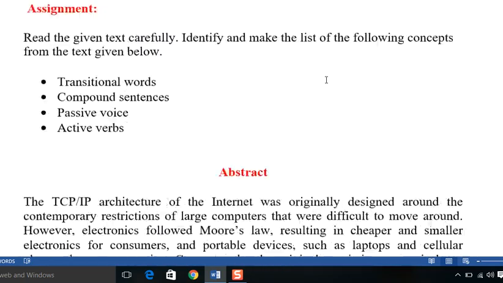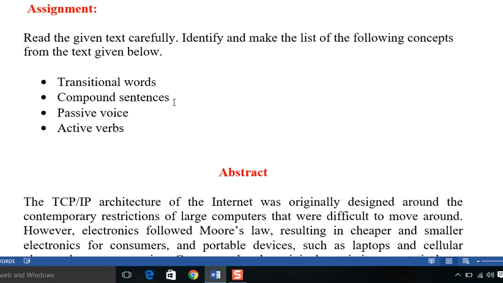And active verbs, also search out the active verbs. What you have to do is make a list of transitional words, writing transitional words at the top. Fine. And then all the transitional words you find should be written in that section. If the transitional words are repeating, do not repeat them. One example of one type of transitional word is enough.